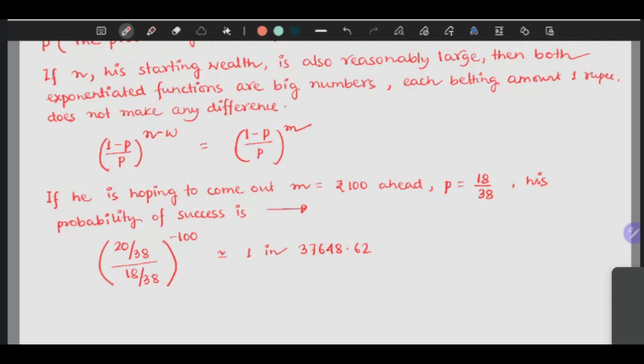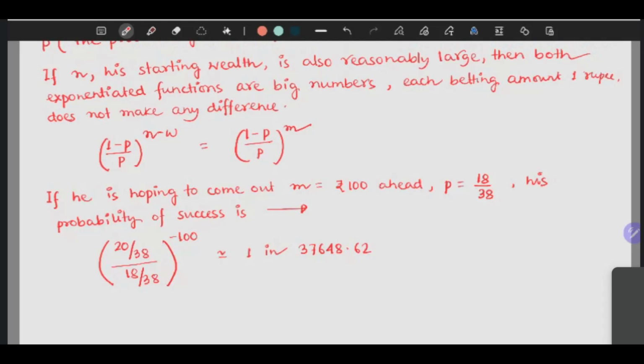So basically, if you put $1 million, $1 trillion also, and you want to get 100 rupees more, then this will be the probability of its reaching the $W.